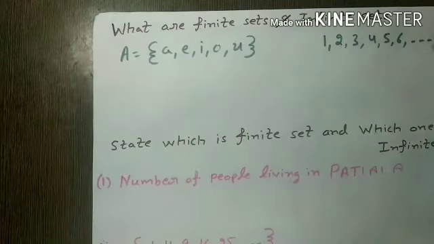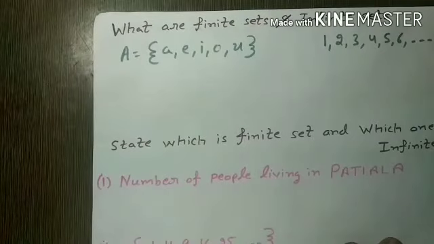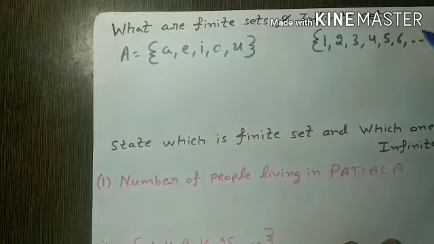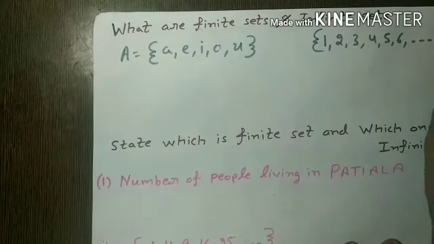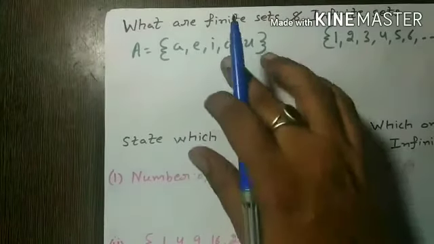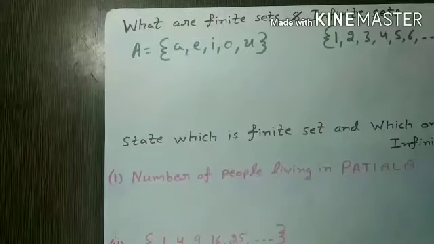Now what will this collection of members be called? This collection, if written under brackets and it doesn't come to an end, will be an example of an infinite set. Students, now I hope you understand what the finite set and the infinite set are.